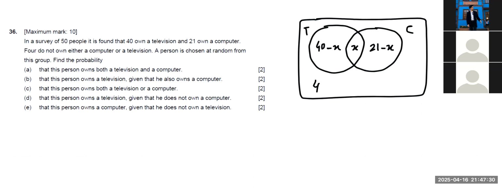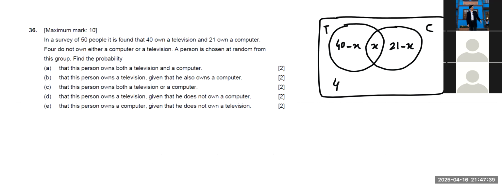And the thing is, all 4 of these things must add up to what? All of 50, exactly. So I will say 40 minus x plus 21 minus x plus 4 equals 50, which means that I can solve this equation for x.